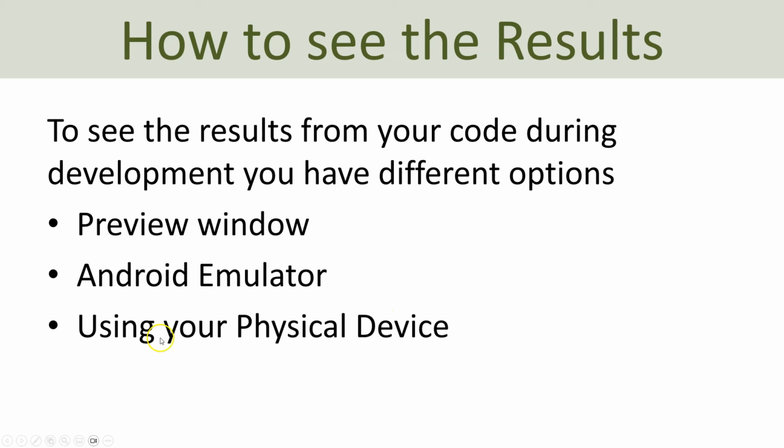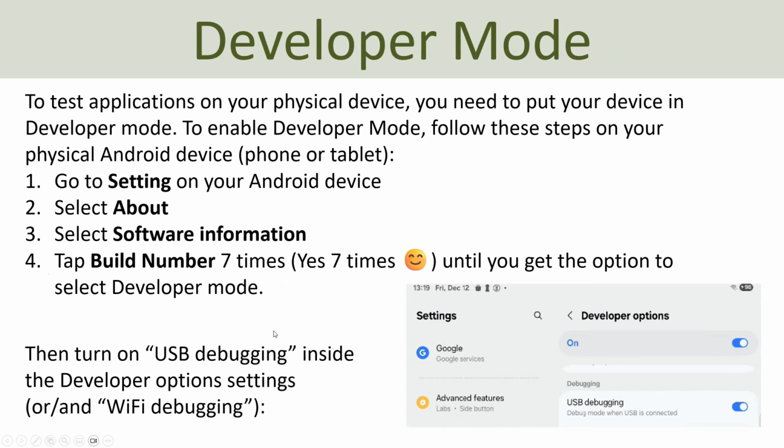So in order to make that happen, we need to put your Android device in so-called development mode. In order to put your device in developer mode, you need to go into the settings menu on your physical Android device, then select about, and then select software information, and then there is a field called build number.